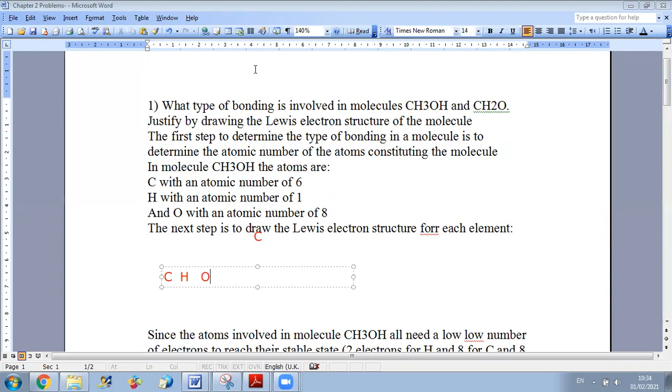Since, as we said before, the involved atoms are C, H, and O, which require a low number of electrons to reach their stable set, the type of bonding will be covalent, okay? So now, if I try to draw the molecule, this is C, and I know that C can share 4 electrons, okay?